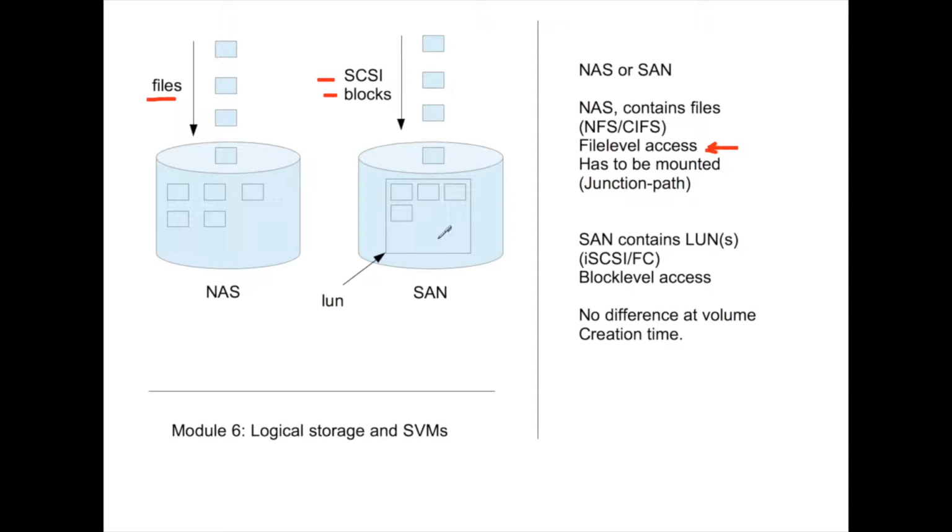That means you would create a LUN inside a volume. You present the LUN to a client. The client will partition the LUN and put SCSI data on it. So, for example, this could contain an NTFS file system or an ext2 file system or ext4 if you have Linux. So there's two different types of data in these volumes. You could mix that if you like, but that's not best practice.